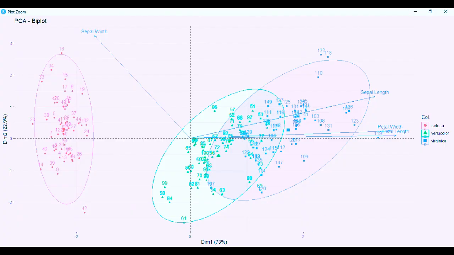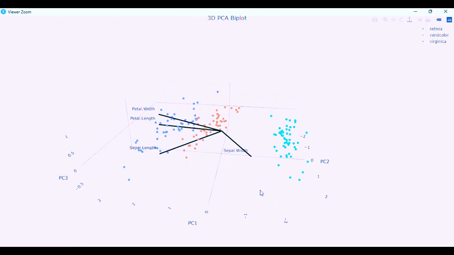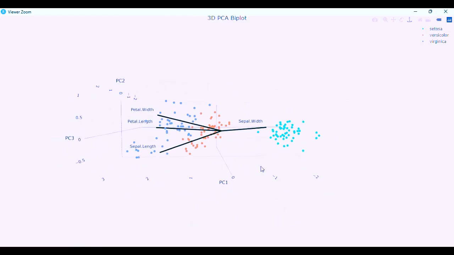But in this case, why might we need to use 3D PCA?